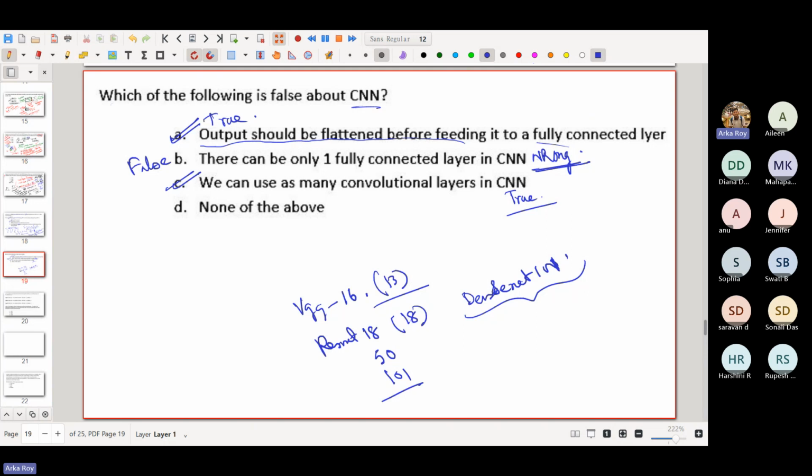Therefore, people have tried different numbers of hidden layers in the deep learning network, and they actually increased the number of hidden layers in the neural network architecture.